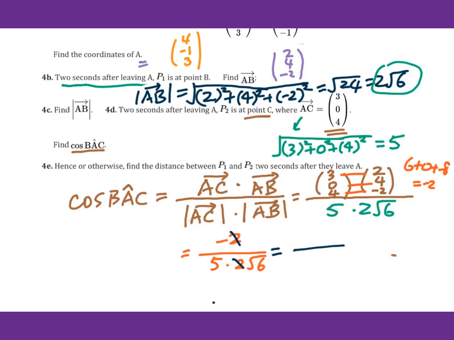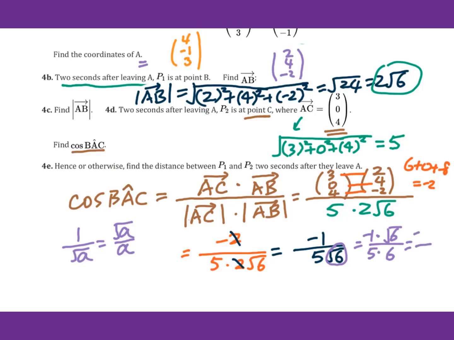You will get negative 1 over 5 square root of 6. As we know, 1 over square root of A, we can write as square root of A over A. Therefore, for this square root of 6, I can write square root of 6 over 6. Negative 1 and 5 carry on, so that we get negative square root of 6 over 30.